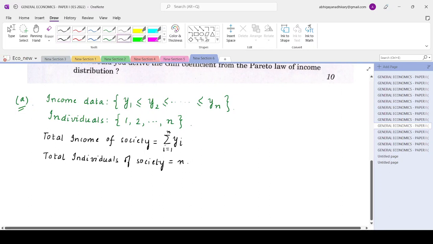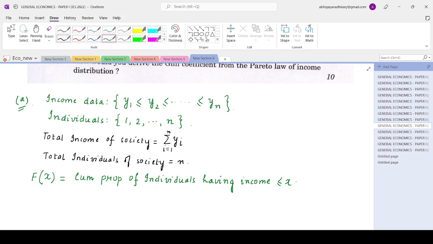Right. So now let us say we define two variables. Let's say Fx. It's basically the cumulative proportion of individuals having income less than or equal to x.